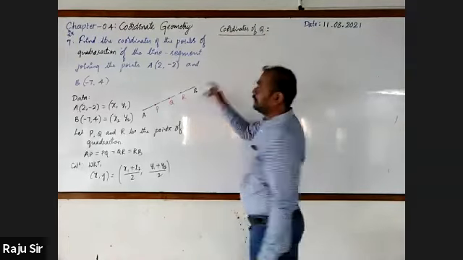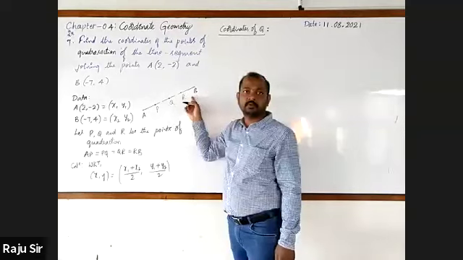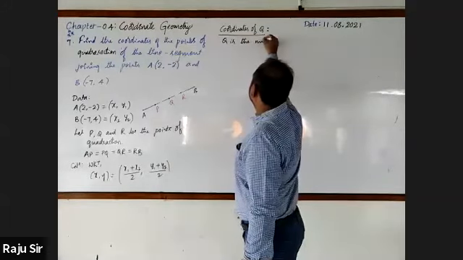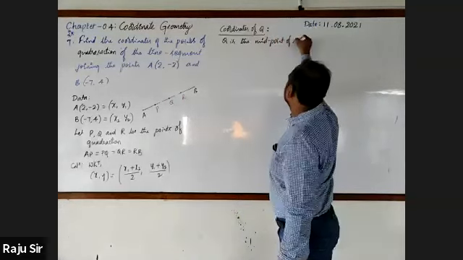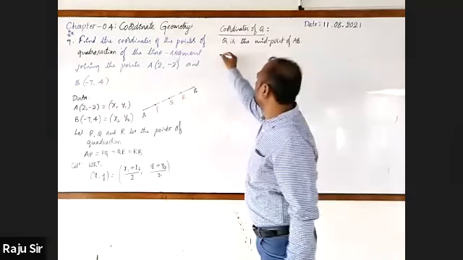And we know that Q is the midpoint of AB. Right. You must write that. Q is the midpoint of AB. Use the midpoint formula.